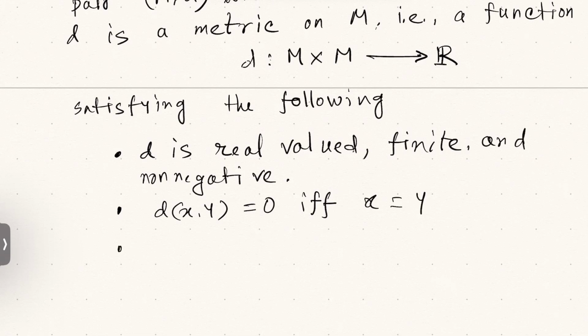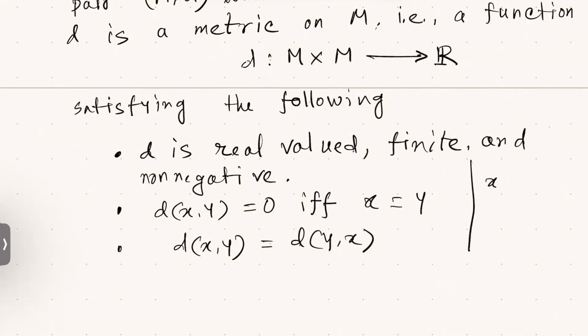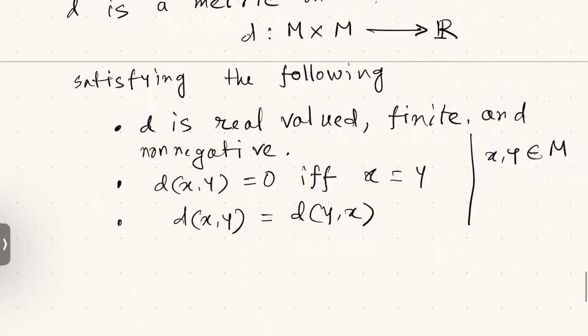Then it is symmetric. The metric has to be symmetric. So d of x comma y equals d of y comma x. One thing I should mention here is these x and y are the elements of the set. So x comma y belong to the set M. And finally, the metric has to satisfy the triangle inequality.